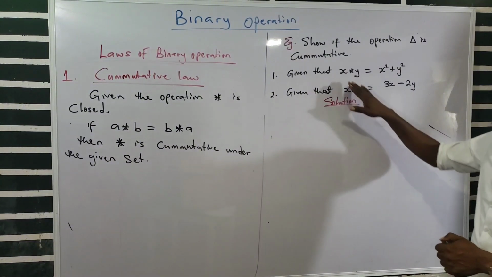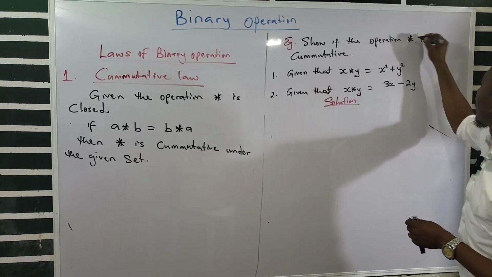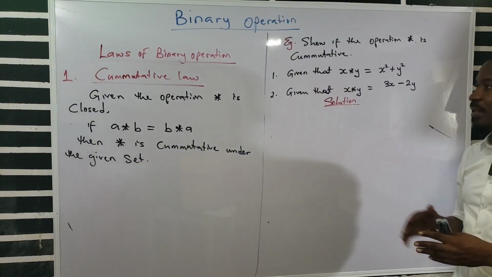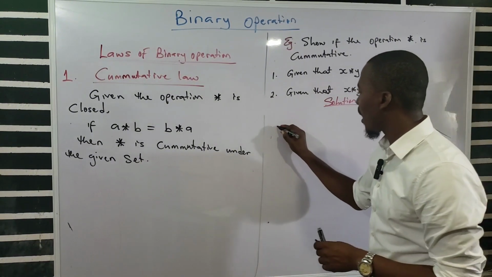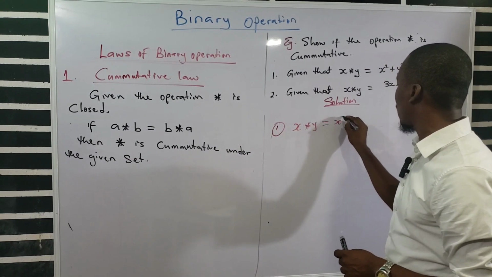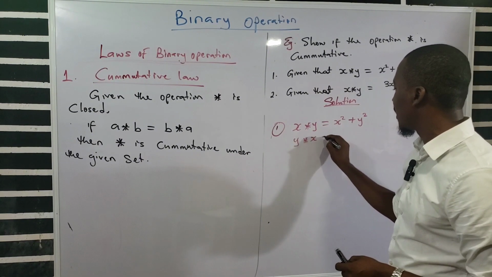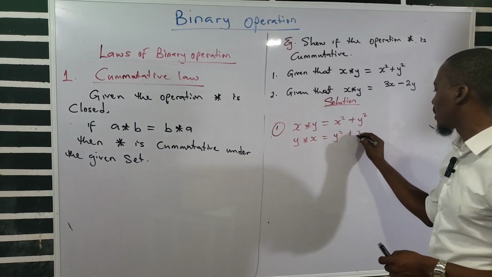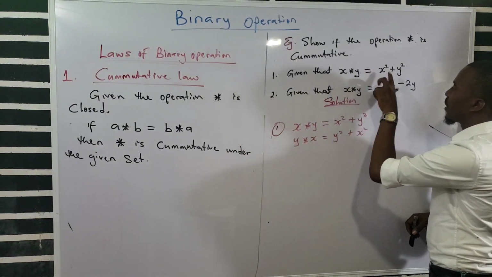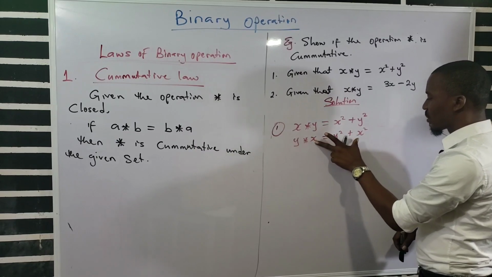So we want to show whether this operation is commutative. Let us use it to explain the commutative law. Looking at number one, if we have x binary y equals x squared plus y squared, and y binary x, that will give you y squared plus x squared. Remember, the rule of combination is that the first one comes first and the second one comes second.